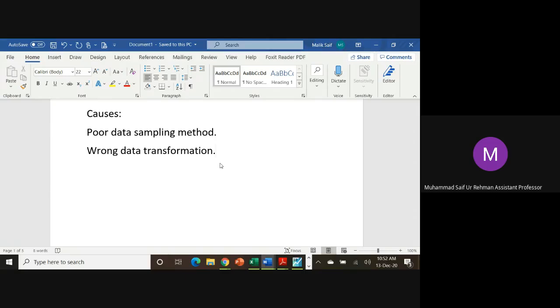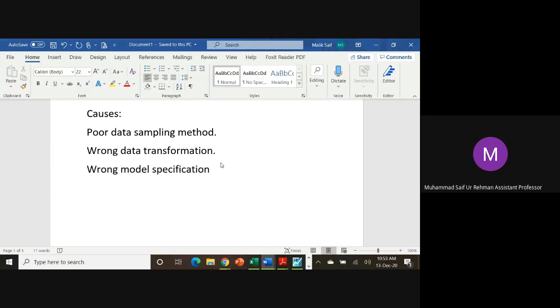Okay, if you are supposed to take log, you have to take log, or otherwise you will have the problem of heteroscedasticity. Similarly, there may be another reason: wrong model specification. So if your model is not correctly specified, then this problem may also arise.